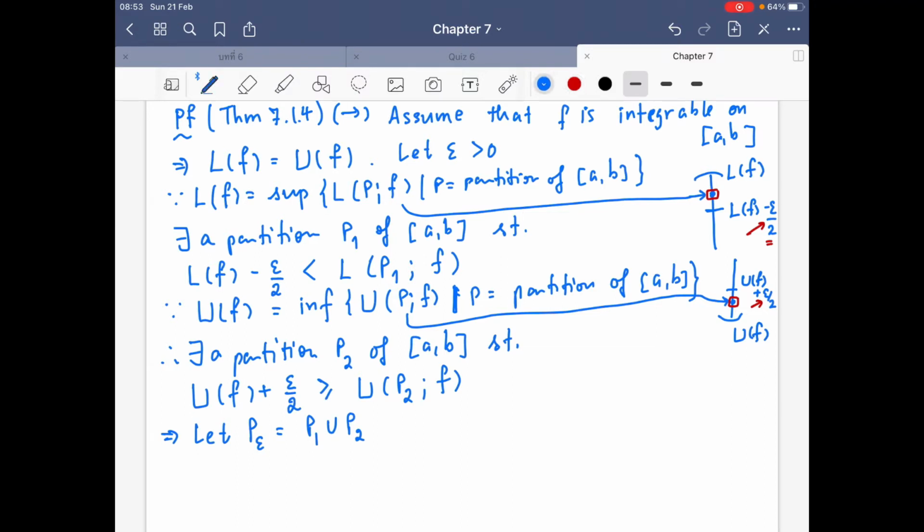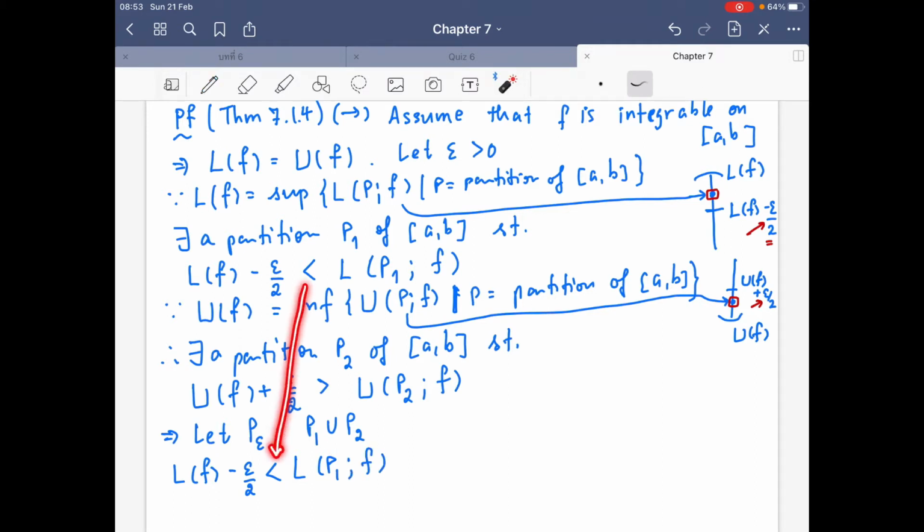Then we know that the lower sum take away epsilon over 2 will be less than the lower sum of P1, just using this relation.